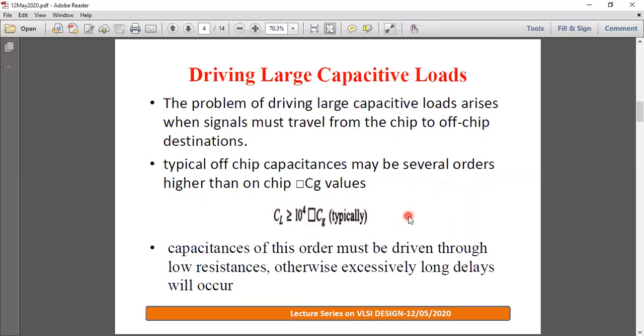As you know, delay equals R into C. More the C, more the delay. More the delay, less the performance of the system. So capacitances of this order must be driven through a low resistance value, otherwise a long delay will occur.